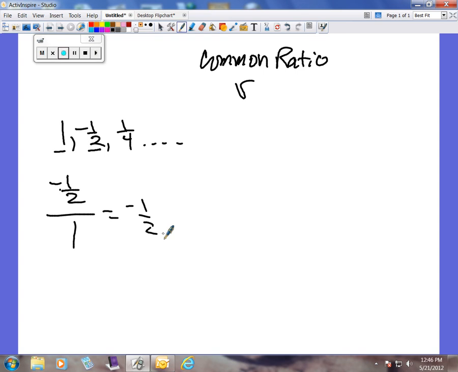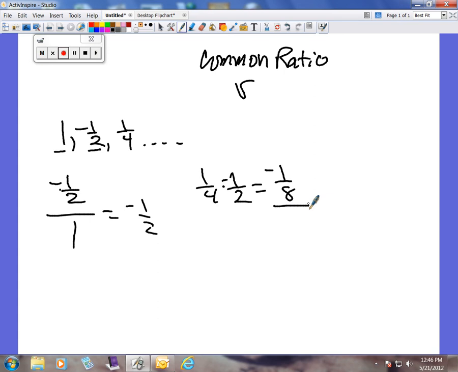Now, remember last time if I wanted the next term, what did I do with the common difference? Added it to this, like I would add it to this one. Well, if you want the next term in a geometric sequence, you multiply by the common ratio. So if I want the next term after 1/4, you take 1/4 times negative 1/2, and we would get the next one, wouldn't it?